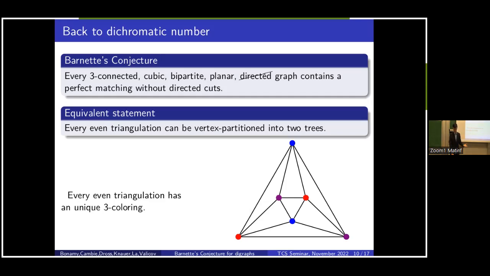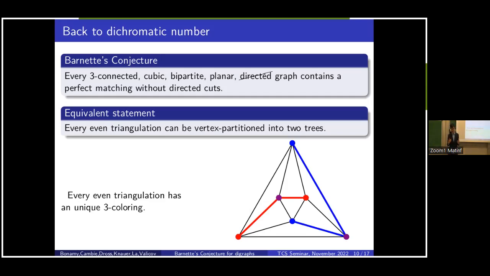And this 3 coloring gives you some independent sets. And the hope was that we can kind of extend these independent sets into trees. They are not far away from each other. And this is actually backed by this octahedron that you can see here.